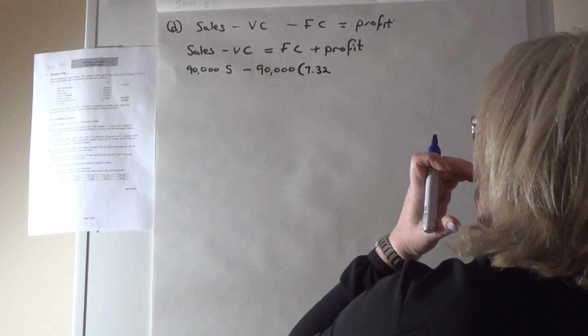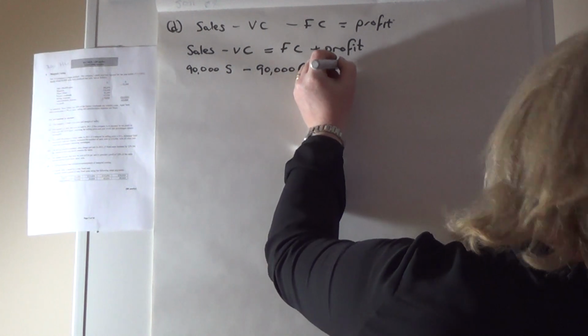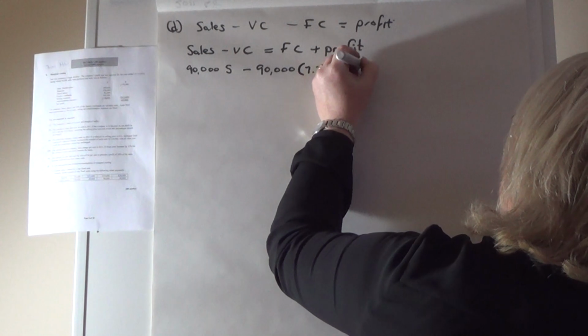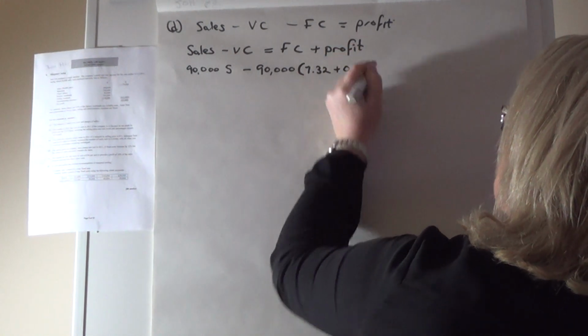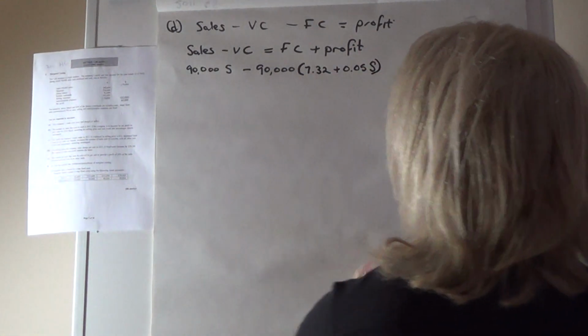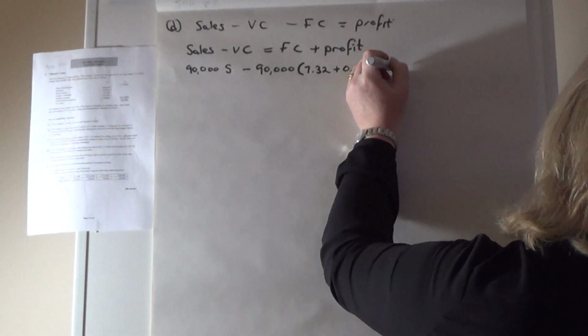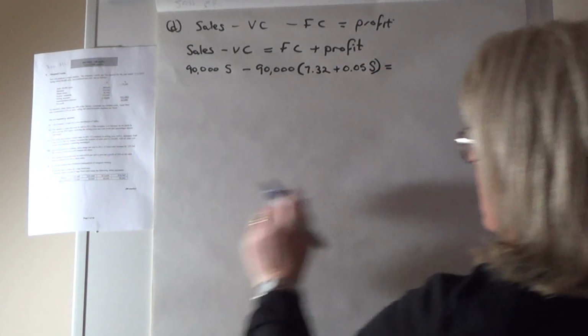We calculated that earlier, and that's going to remain the same. It's just the commission that's changing, and all we know about the commission is that it's 0.05 of that selling price. Okay, so that's our formula for the variable costs.